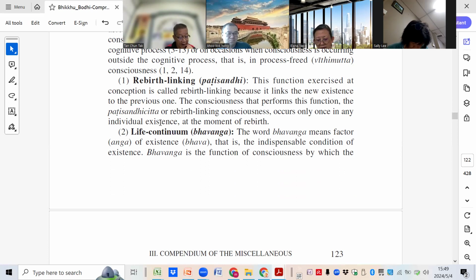This function exercised at conception is called rebirth linking because it links the new existence to the previous one. The consciousness that performs this function, the Pati Sandhi Chitta, or rebirth linking consciousness, occurs only once in any individual's existence, at the moment of rebirth.